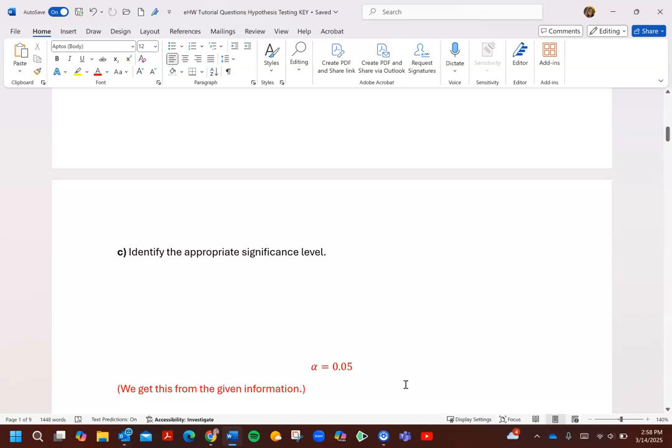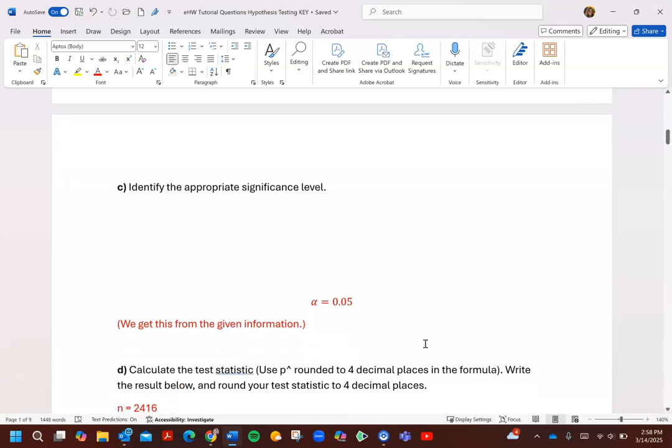So we'll need to use that later when we find our p-value. We're going to figure out how that compares. So the p-value is the likelihood, where the other p that we're using is the proportion or percentage of people.